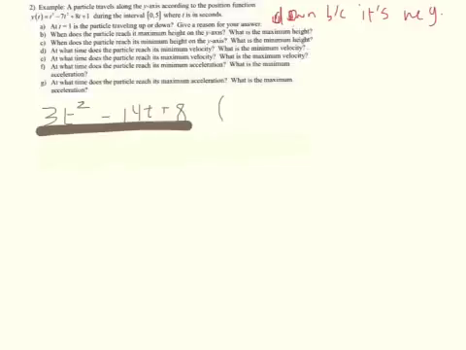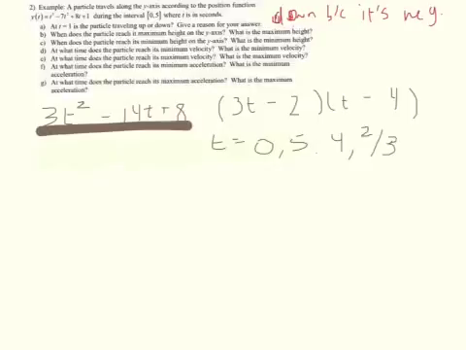So we can factor this out into 3t and then t, I know it's both negative, and then it would probably be 2 and 4. Yeah, okay. So now we can say that t equals, and we have to have our endpoints in there, which is 0 and 5, and then t equals 4 and 2/3.